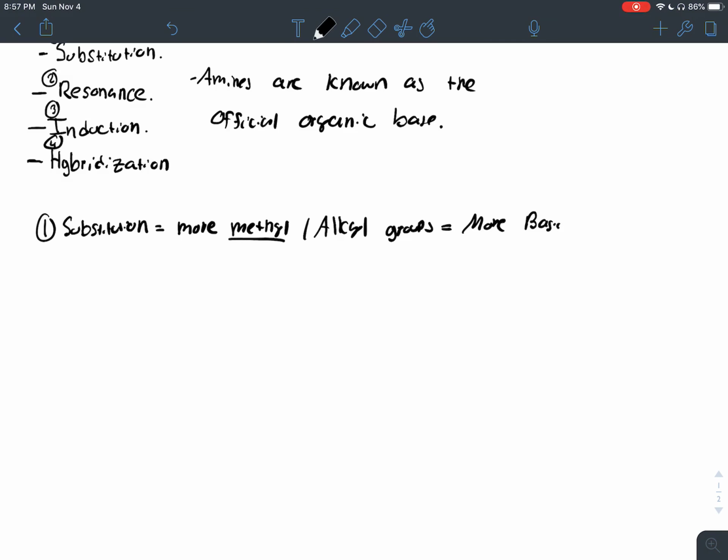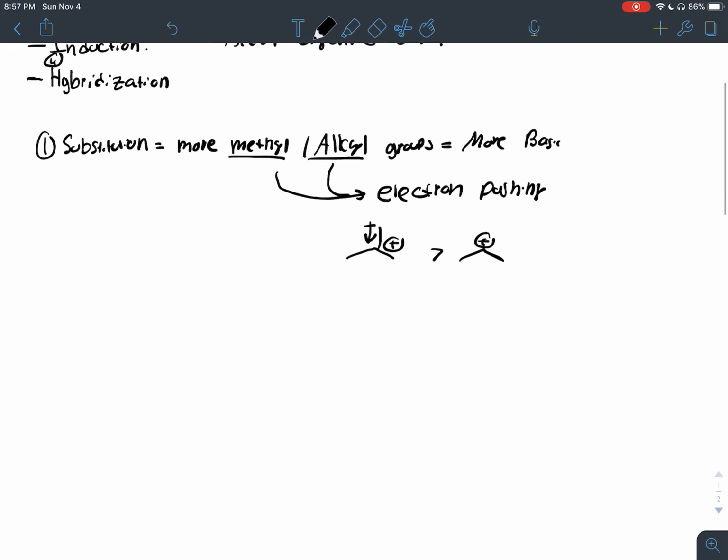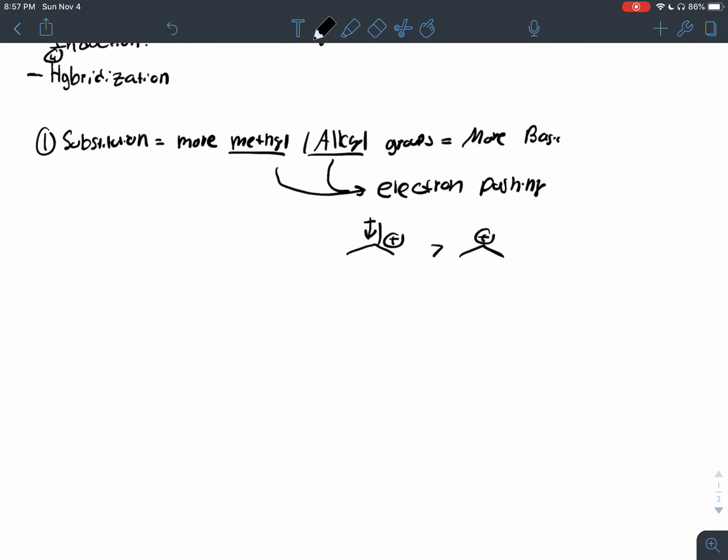Because remember, alkyl groups are electron pushing groups, which is why a tertiary carbocation is more stable than a secondary, because here the methyl groups are donating electrons to help stabilize the carbocation.